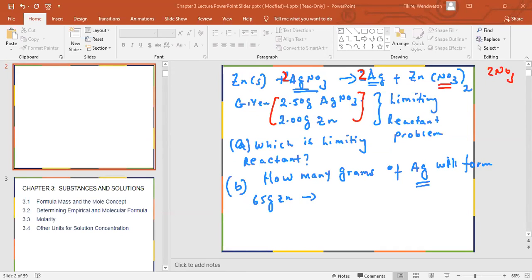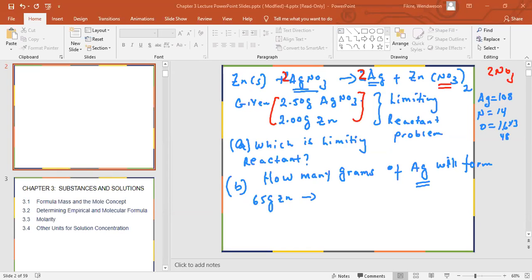Take into consideration that silver is 108, nitrogen is 14, oxygen is 16. Remember that you have 3 atoms of oxygen. So 108 plus 14 plus 16 times 3, 16 times 3 is 48.